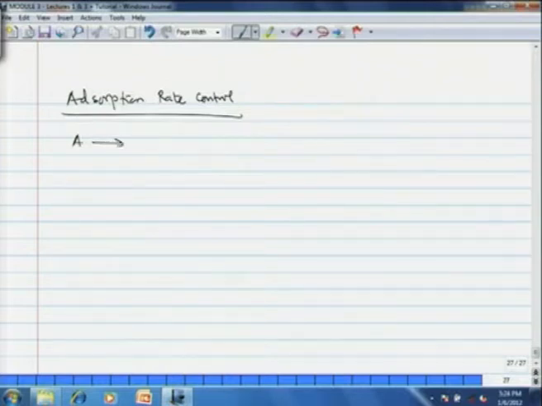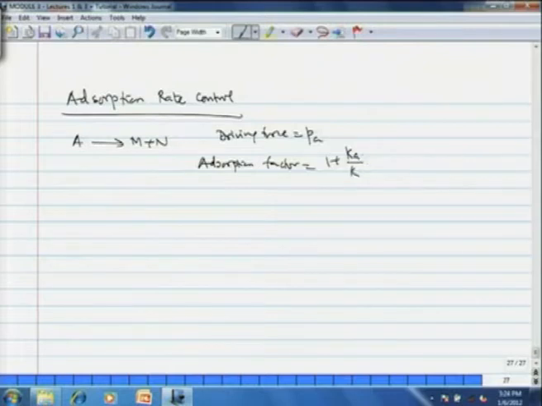First, the irreversible reaction A going to M plus N. Now, in this case, the driving force is equal to the partial pressure of A, p_A, and the adsorption factor is 1 plus K_A by K into p_M into p_N plus K_M into p_M.